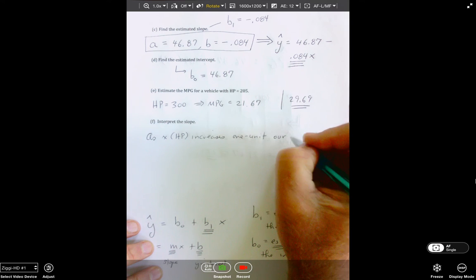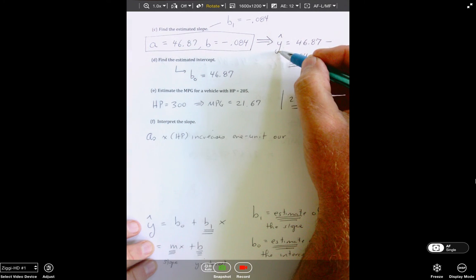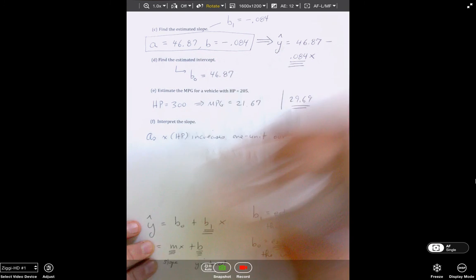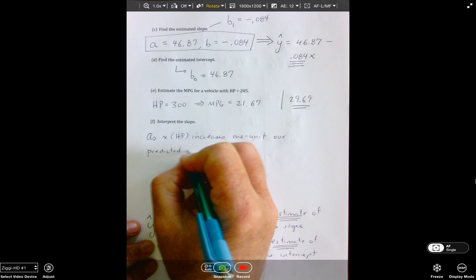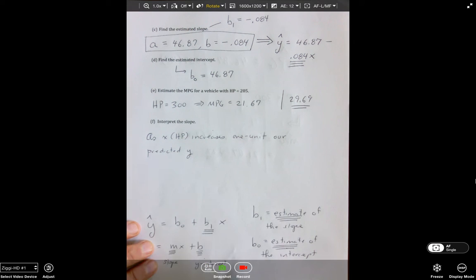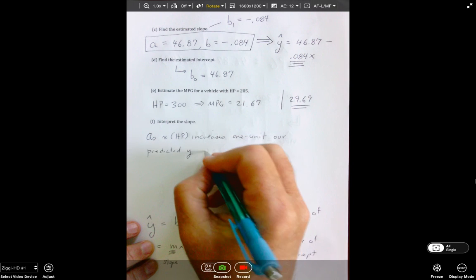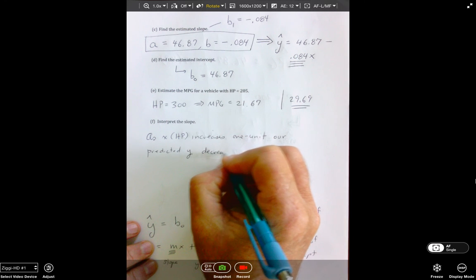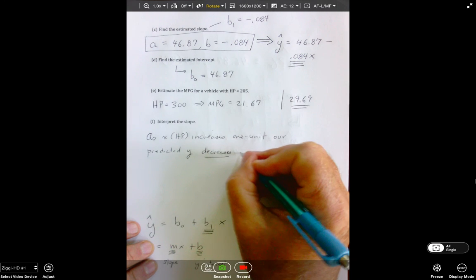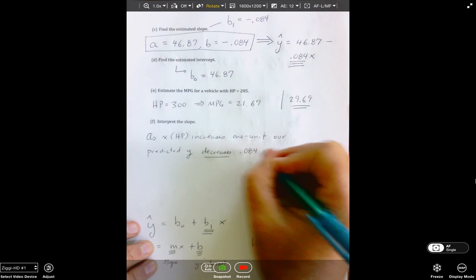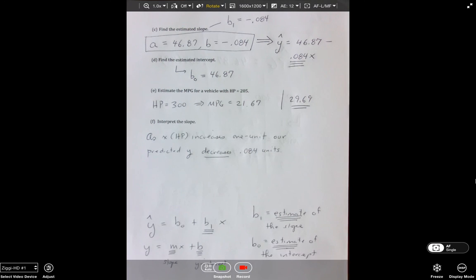Our y value, but in this case, our y value is what? A predicted y. Our slope is negative here. Decreases .084 units.